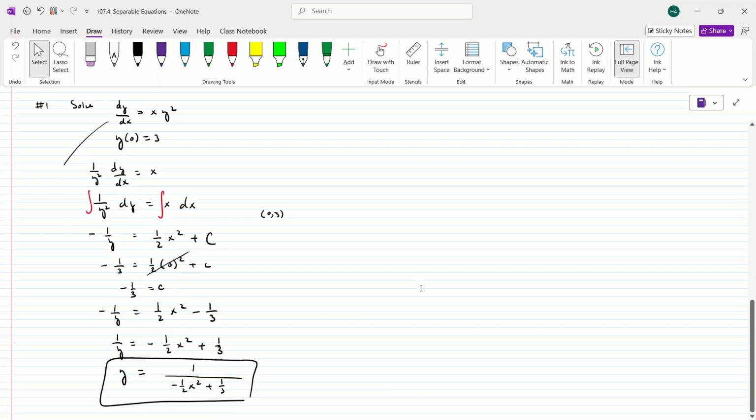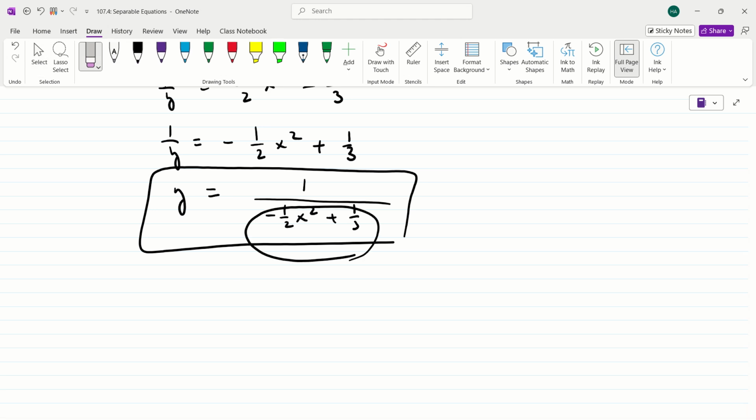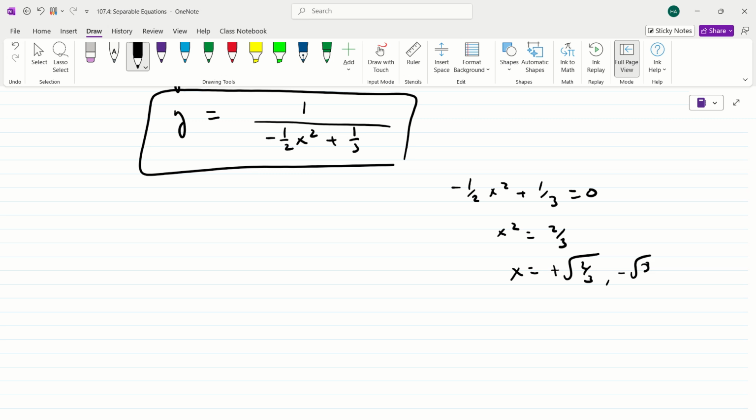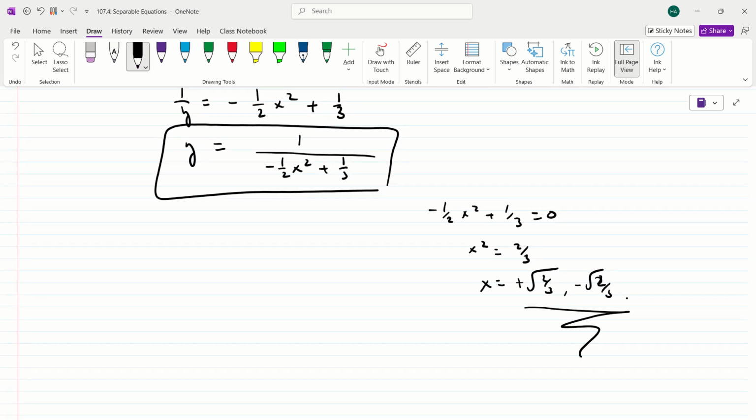If you look at your function, consider that this denominator will be 0 when x squared is equal to 2/3. That is when x is equal to either plus radical 2/3 or negative radical 2/3. So at plus or minus radical 2/3, you have some vertical asymptotes.